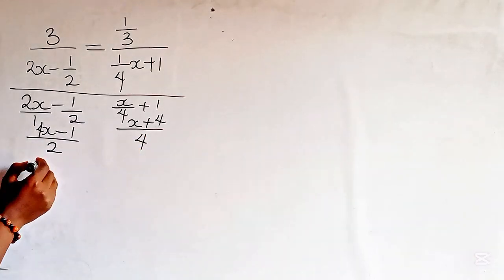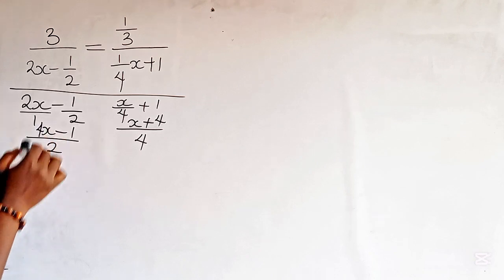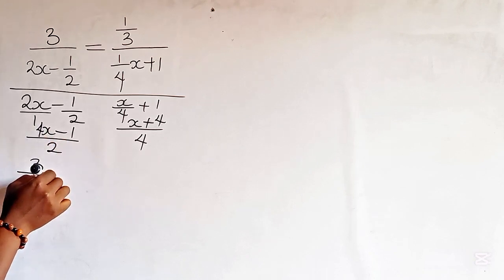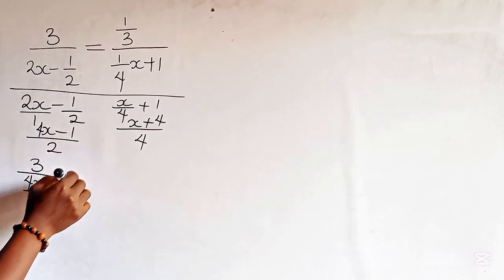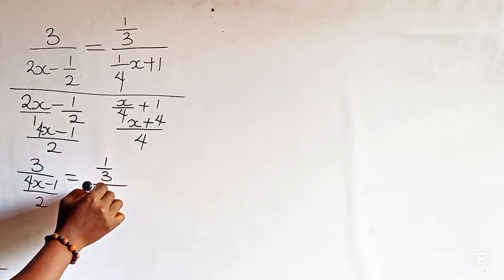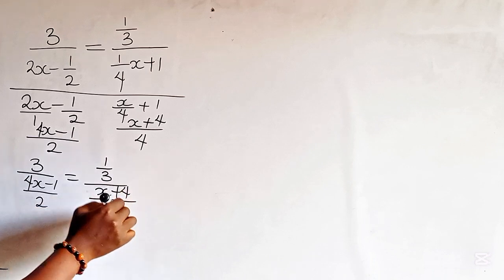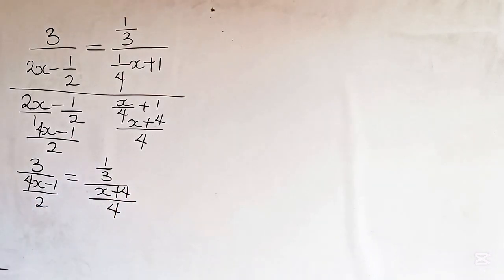Now we're going to have here 3 all over 4x minus 1 all over 2 is equal to 1 all over 3 divided by x plus 4 all over 4. Okay, now let's look at these fractions separately.